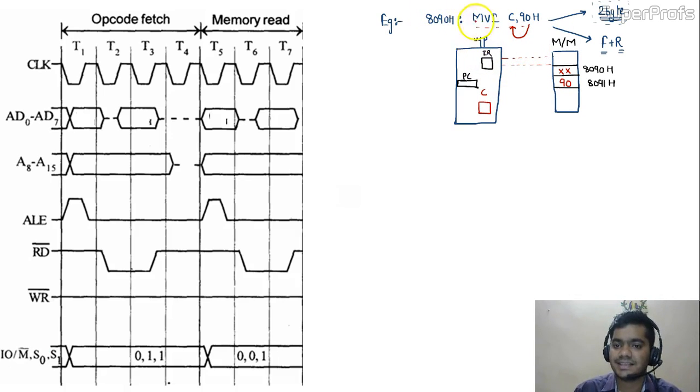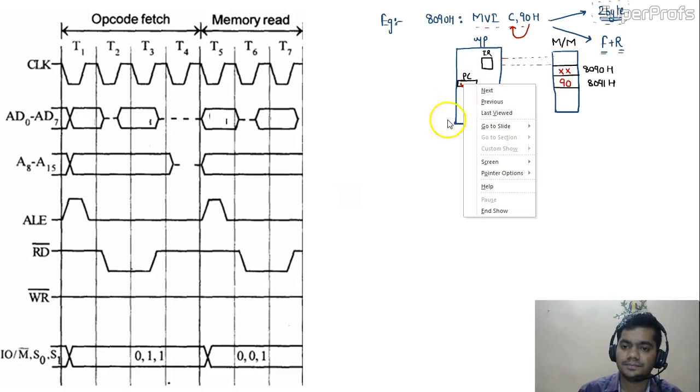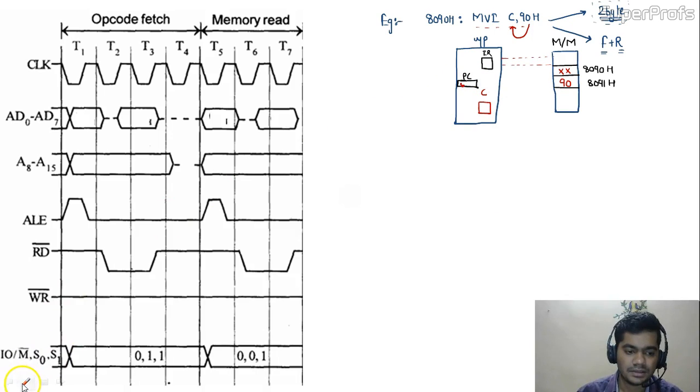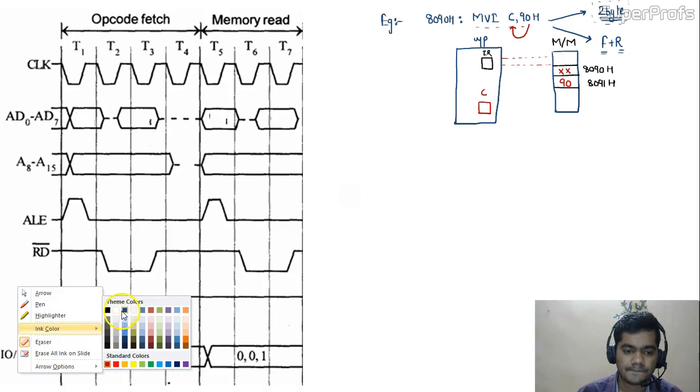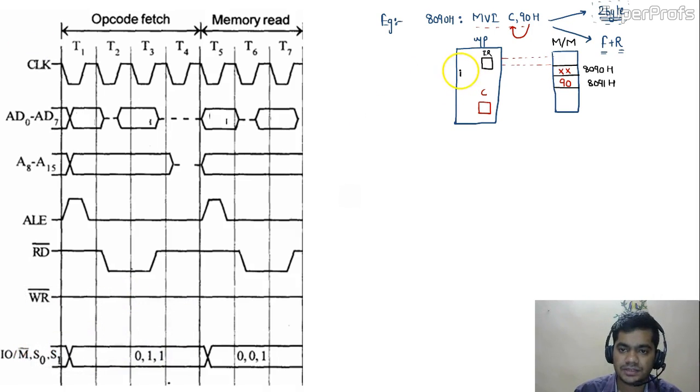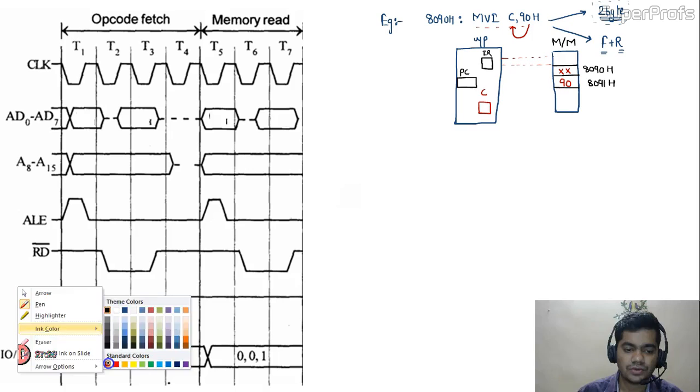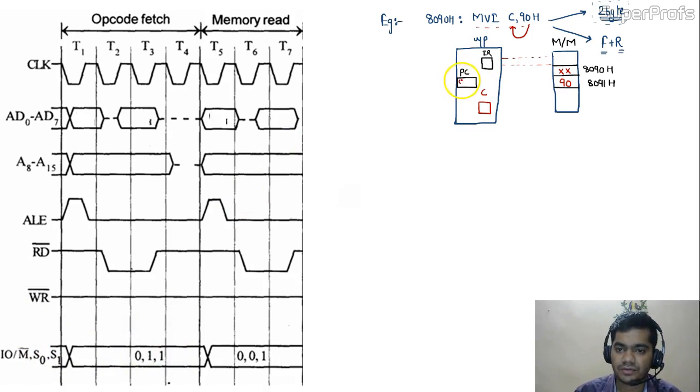When we press the execute button, first of all the program counter is loaded. Suppose this is the program counter and this is the register. When the execute button is pressed, it is loaded with 8090.